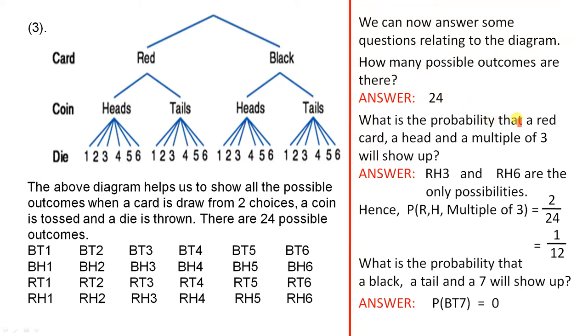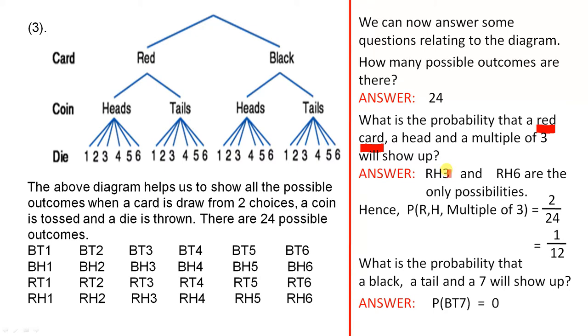What is the probability that a red card, a head, and a multiple of 3 will show up? Okay, so you've got a black card, a red card, see there, that's a red card, not a black. It's a red card, a head, and a multiple of 3.